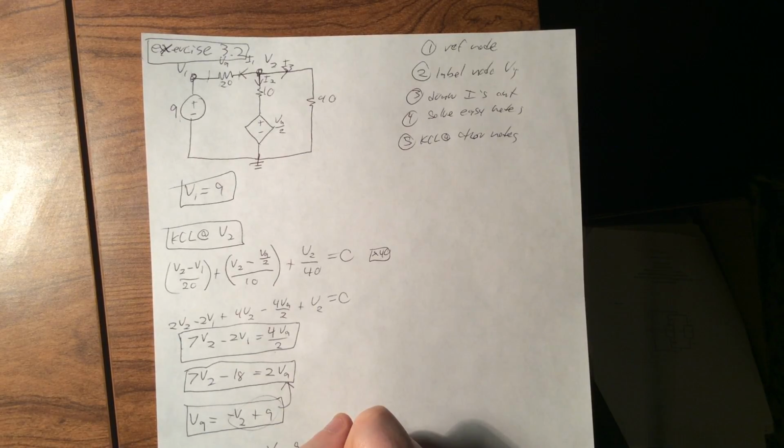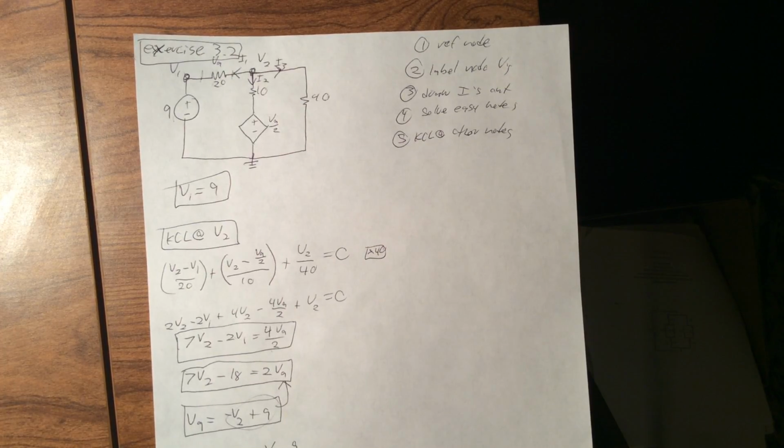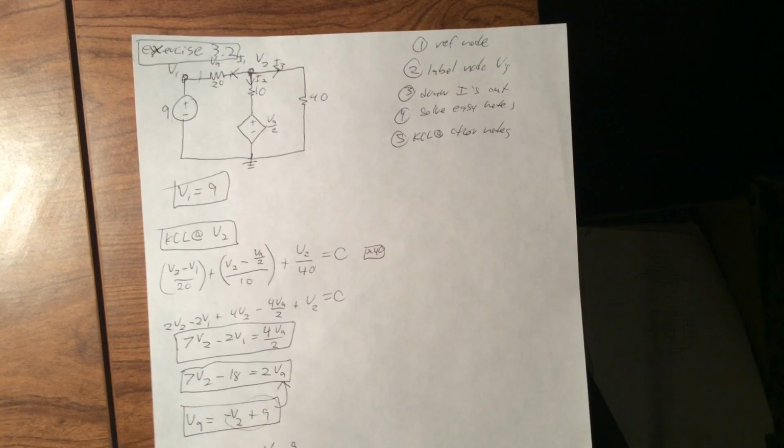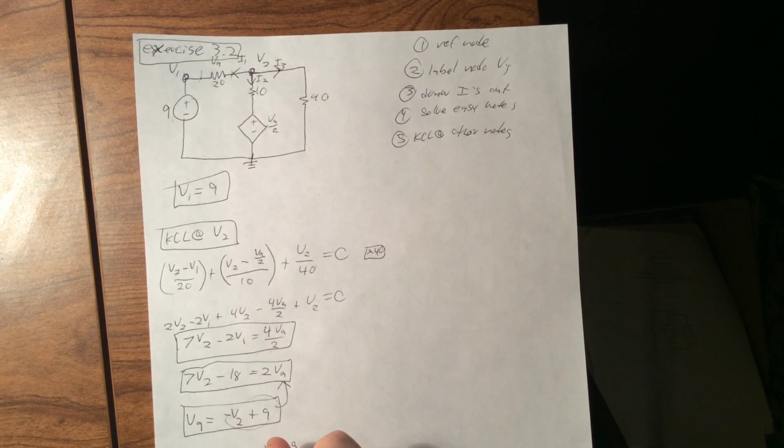And what is that going to be? 7V2 minus 18 equals 18 minus 2V2, right?